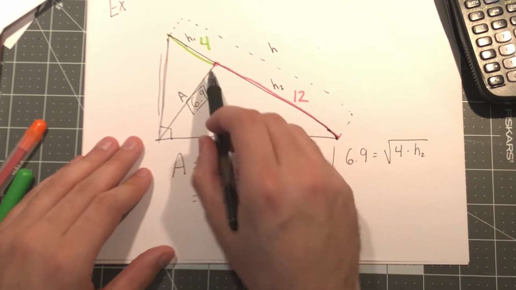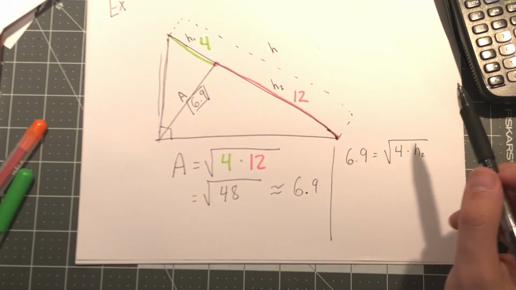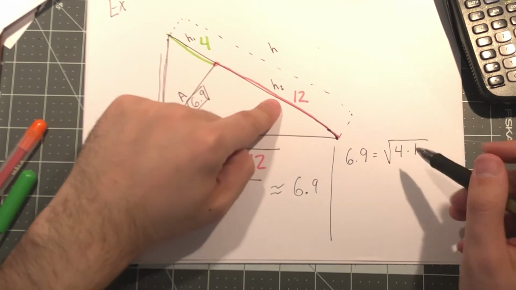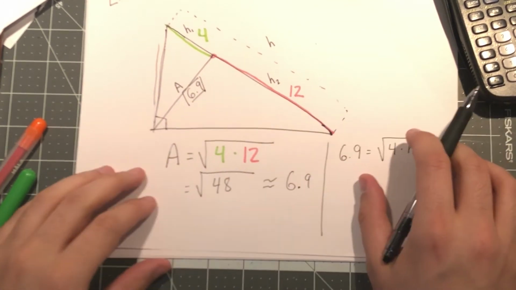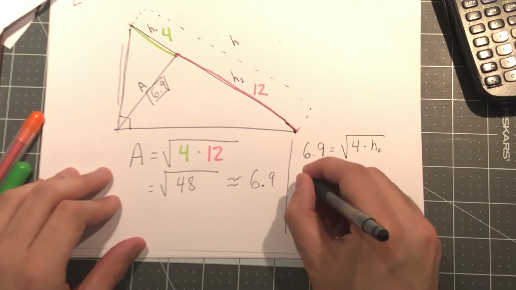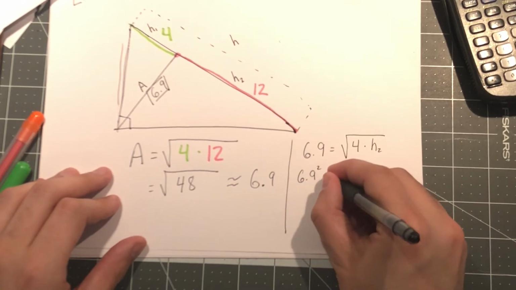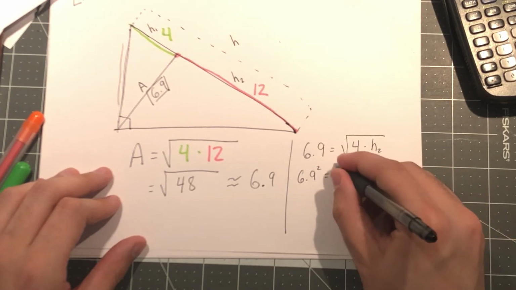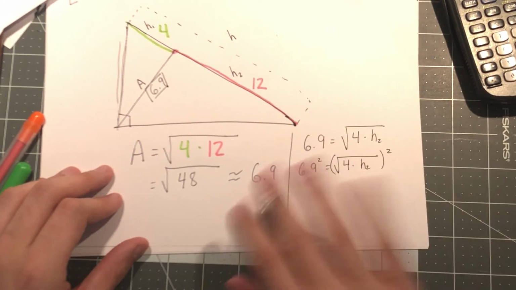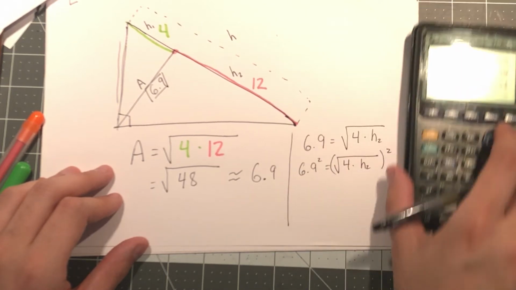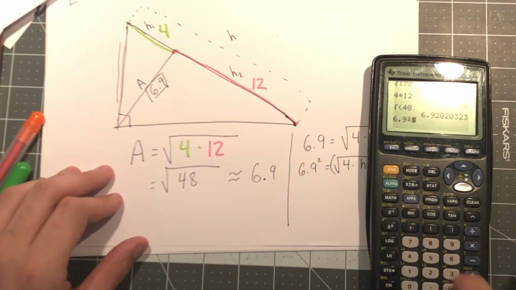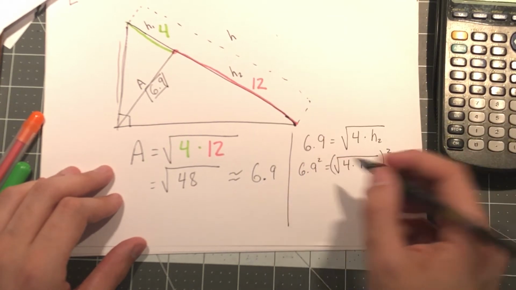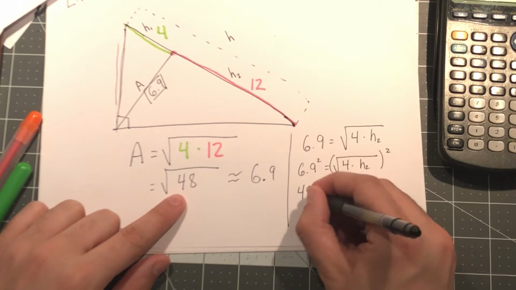So if we don't have one of the pieces of the hypotenuse, all we have to do is leave it as a variable. To solve this problem, what we're going to do is square each side. When I square this right side, the square root's going to go away. So 6.9 squared is 47.61. I'm going to just make it 48 just so we can kind of match it up with this one.